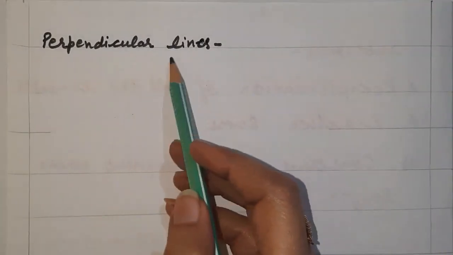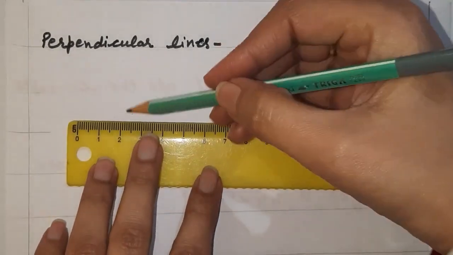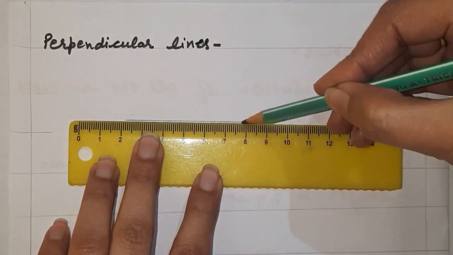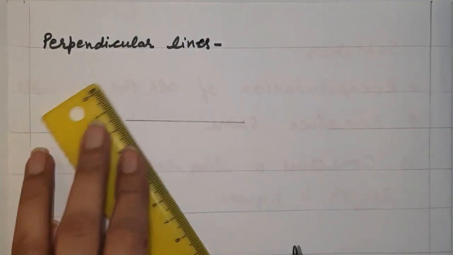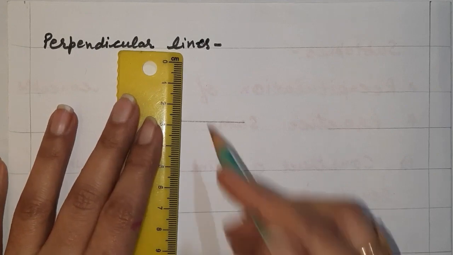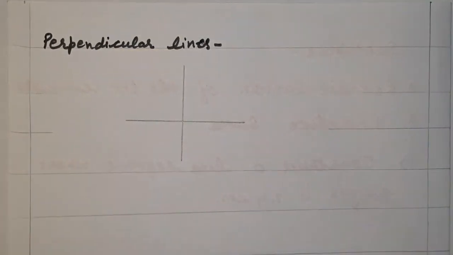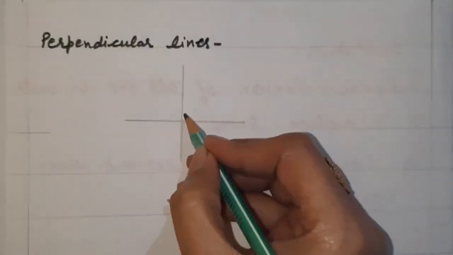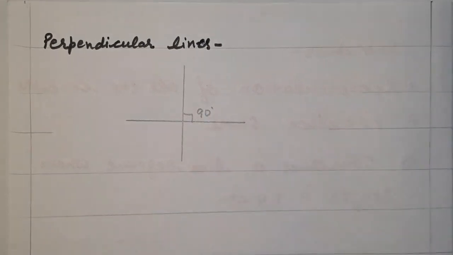The next type is perpendicular lines. Two intersecting lines are said to be perpendicular if one of the angles formed by them is a right angle. One of the angles formed by them is a right angle.